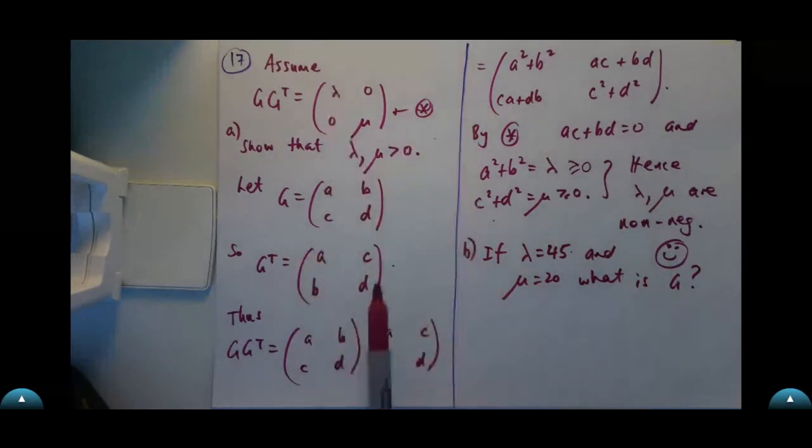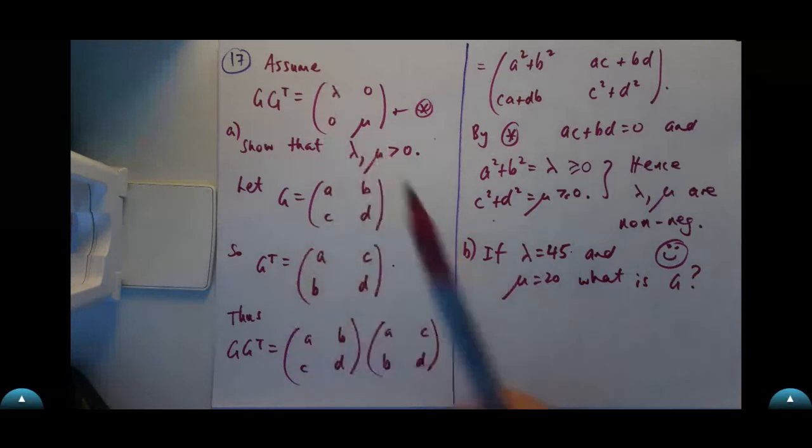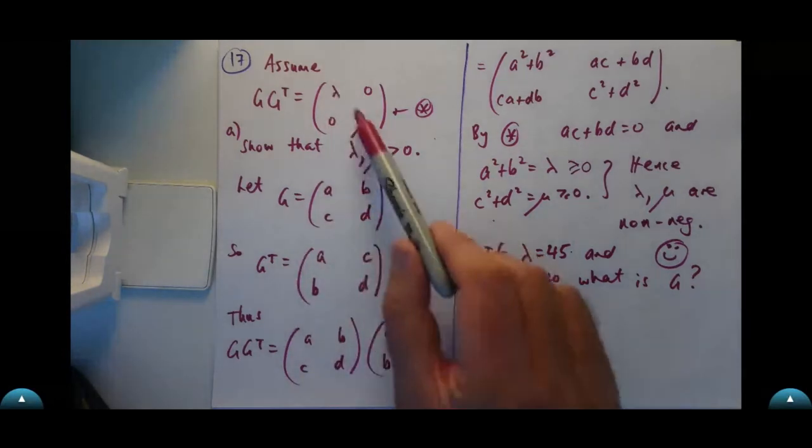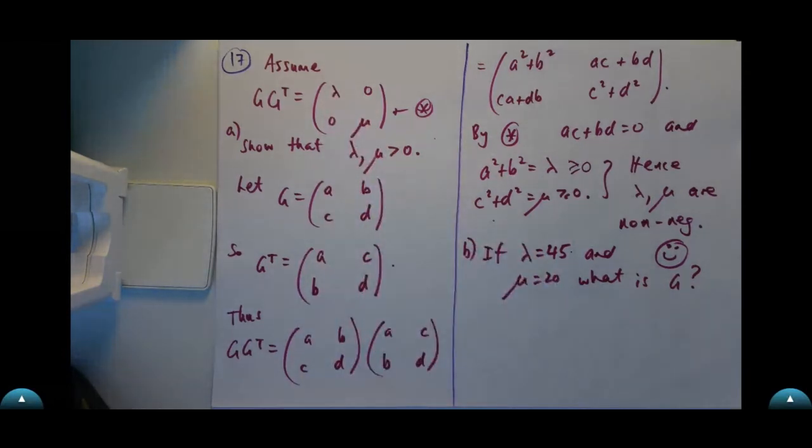Try to find these values that give you these entries down here. Who can tell me what A, B, C, and D would be?